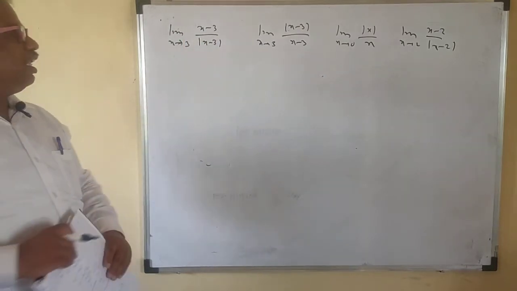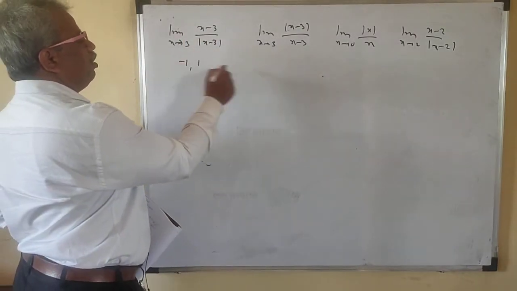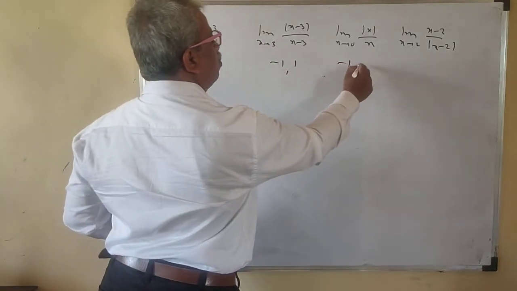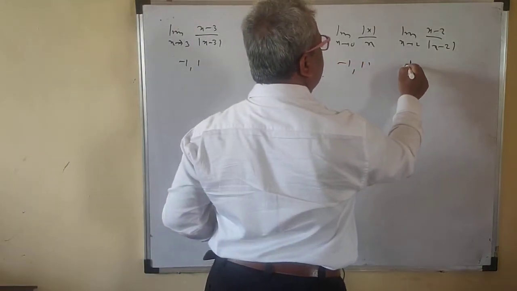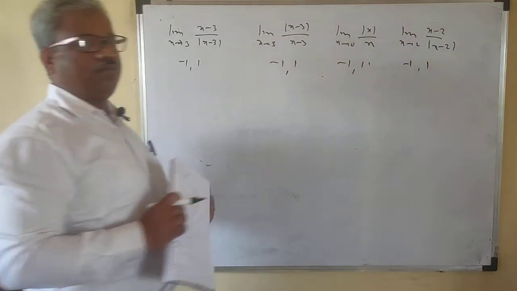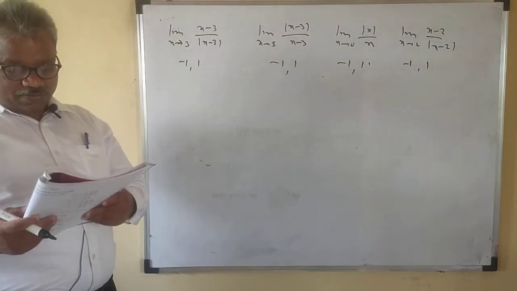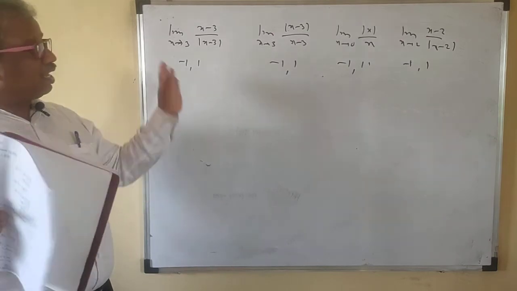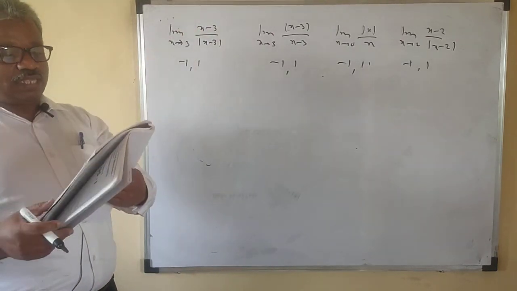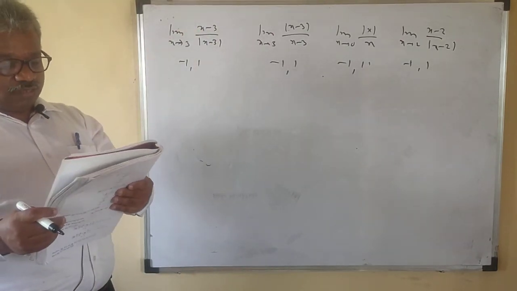Since the left hand limits are minus 1 and the right hand limits are 1, the limit does not exist. So note that: such types of functions have limits that do not exist.